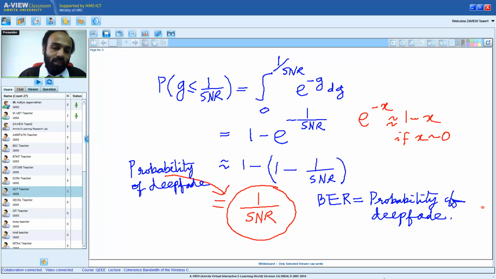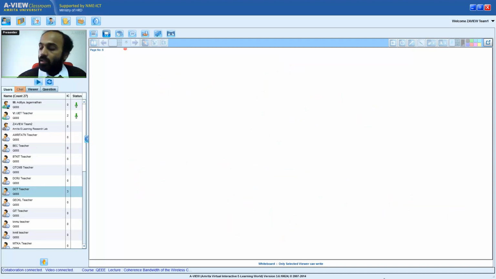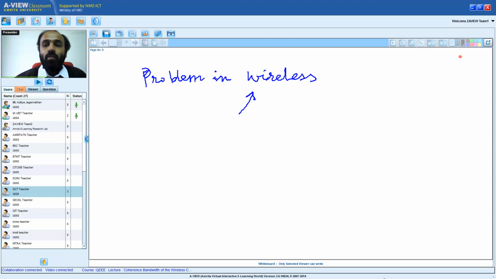So now the main problem, as we have seen, in a wireless communication system is arising due to the fading and the deep fade events. The problem in wireless communication, the high bit error rate problem, is basically the deep fade, that is the disruption of communication in a deep fade, that is when the received signal power is lower than the noise power.